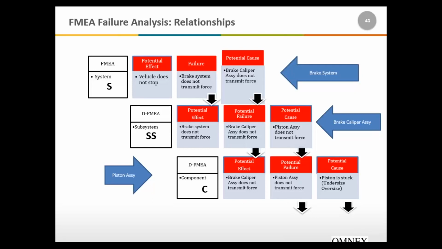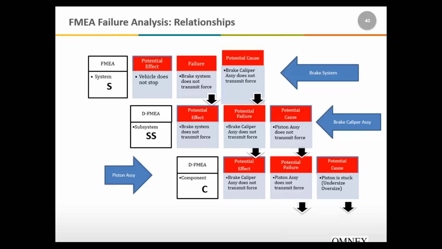But we'll definitely bring that in when we look at the methodology to make sure there's a good hybrid, and we hope, of course, that the manual itself can address it. And in this example, Greg, it's a very good example to show how the cause of the brake system becomes the failure for the caliper failure, and the effect becomes the failure at the higher level.